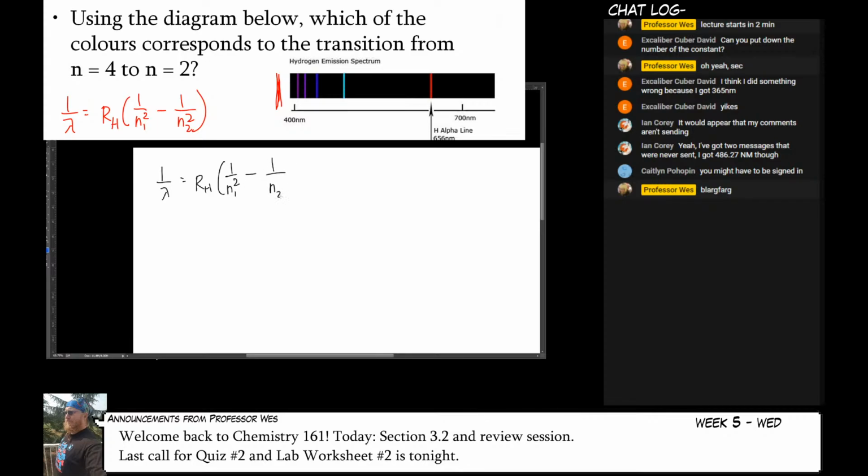I always start by writing out the formula for anything I do. I have already got the thing solved for what I want, so I don't need to do the algebra here. We'll just go straight to adding in the numbers.